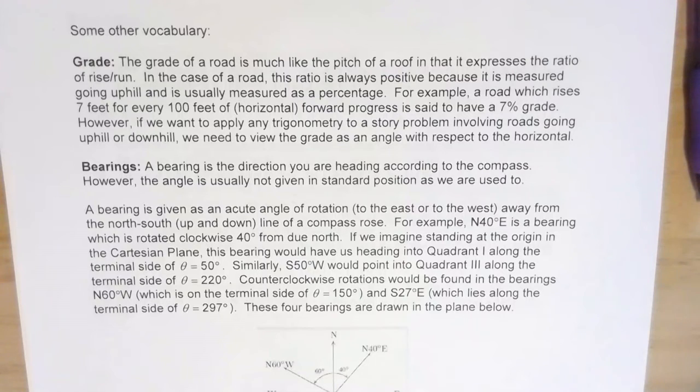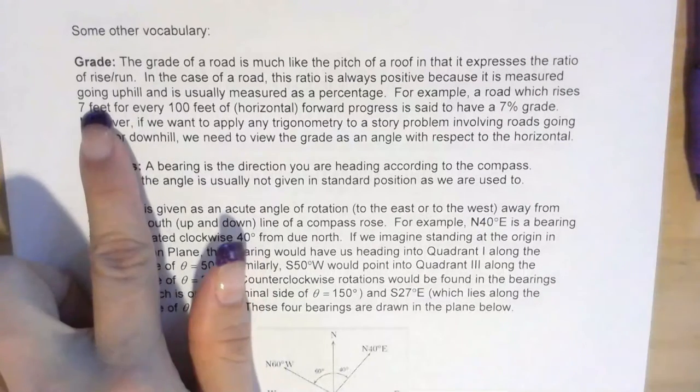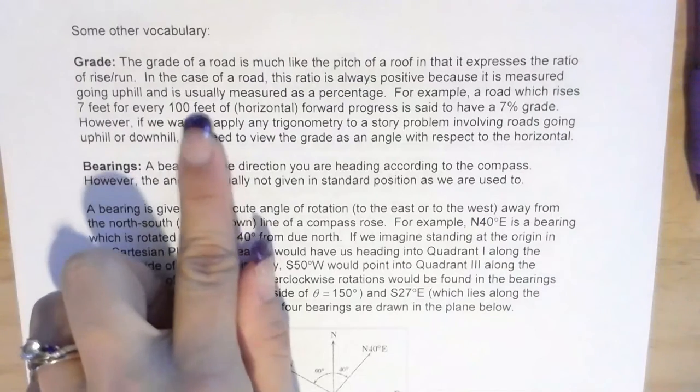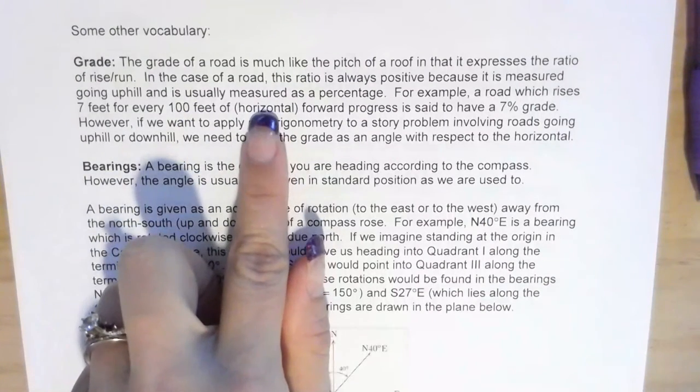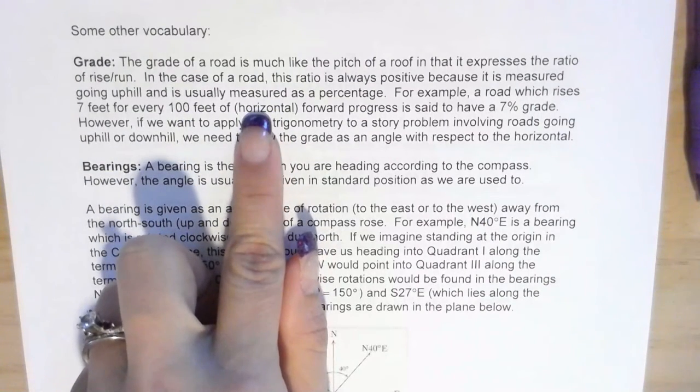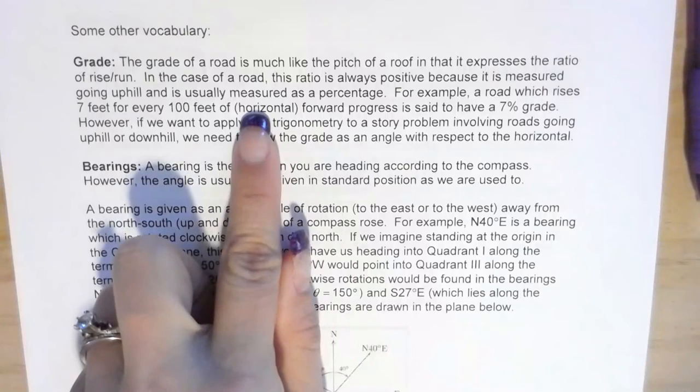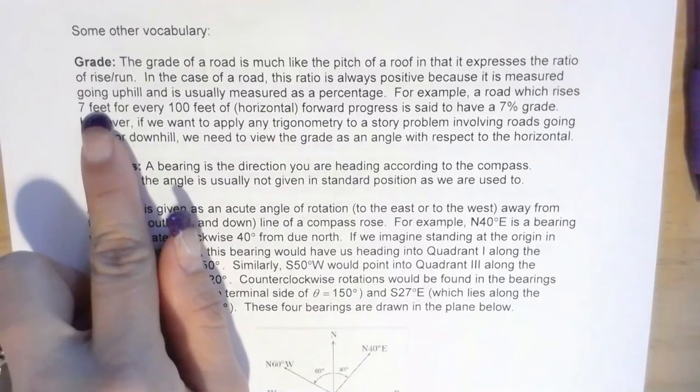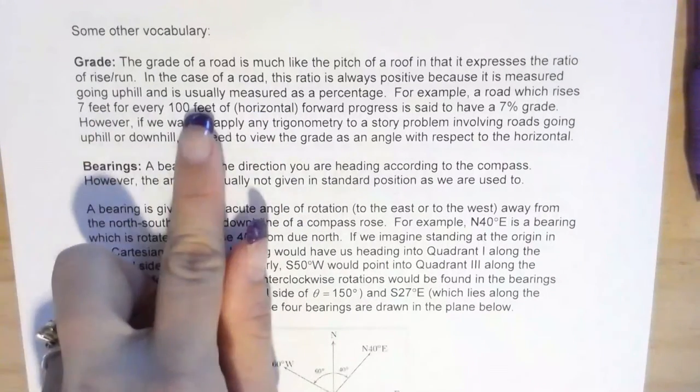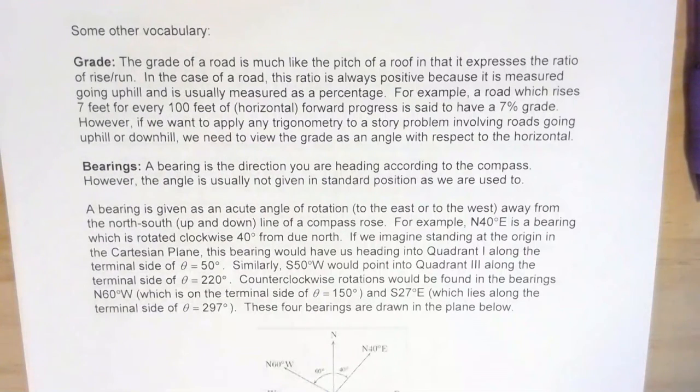So remember, rise comes first, run is second. So in your problems, it probably won't say this horizontal, guys. So anytime you see grade, it's going to be your rise first and then your run. 100 feet of forward progress is said to have a 7% grade.